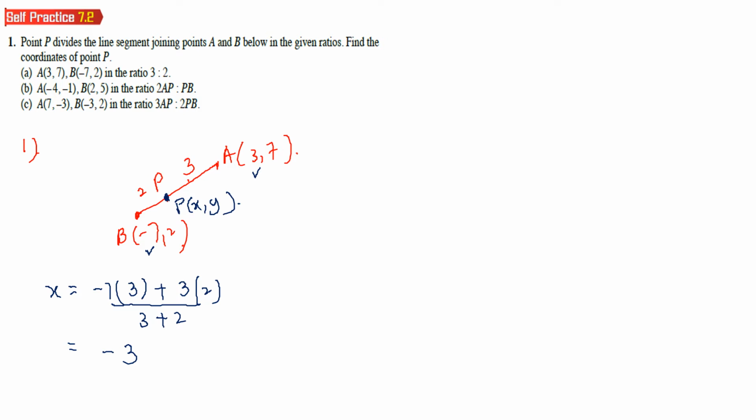Same thing goes to Y now. So for Y, this is the first Y and this is the second Y. We are finding the Y of the point P. So we start with 2, multiply with the opposite ratio, so 2 multiply with 3, plus the second Y, which is 7, multiply with the opposite ratio, which is 2.